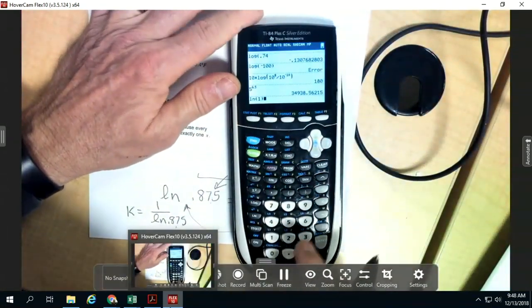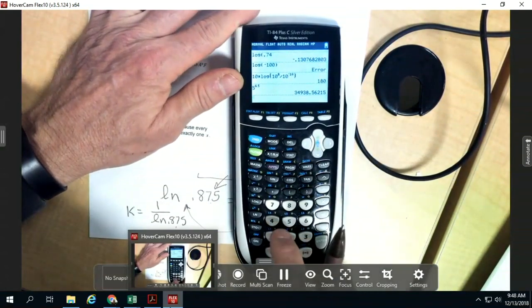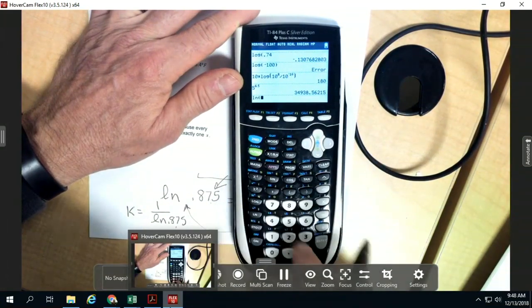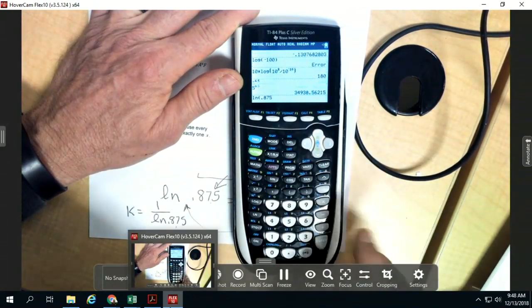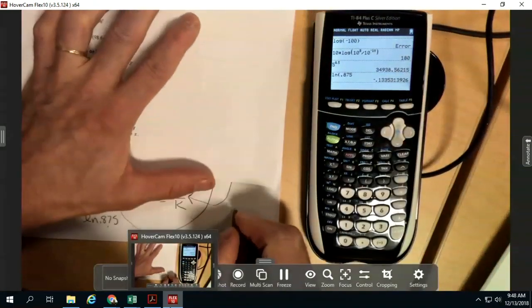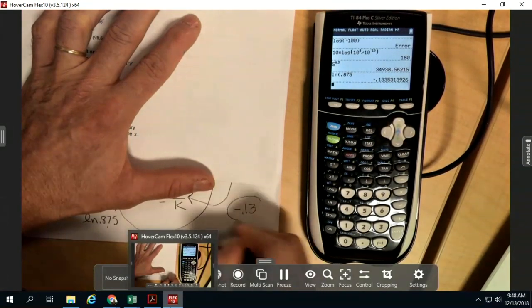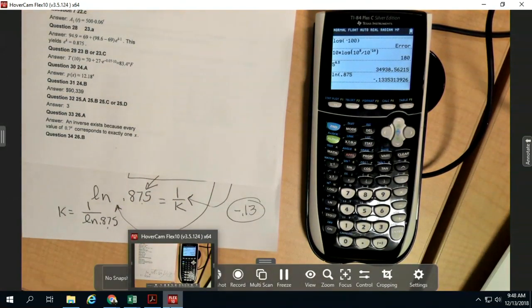Either you could take ln 0.875, which gives you negative 0.13. Maybe that's the best way to do it. Just say that it goes down 13% per hour. That might be the best way to do it.